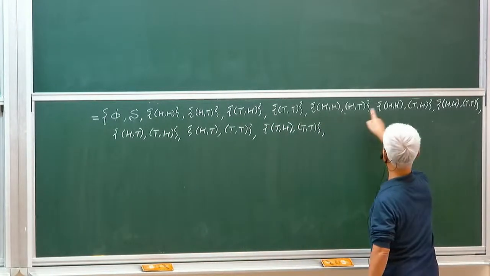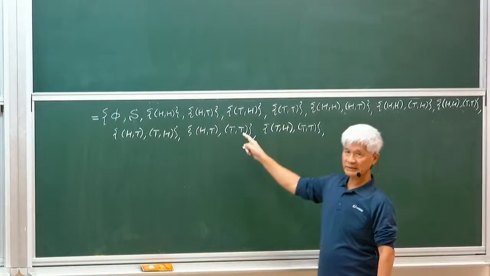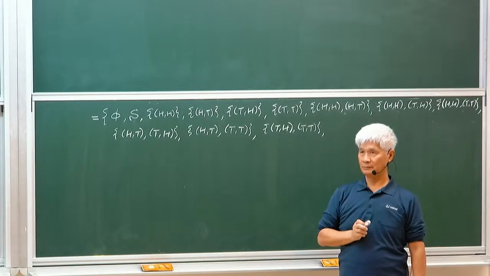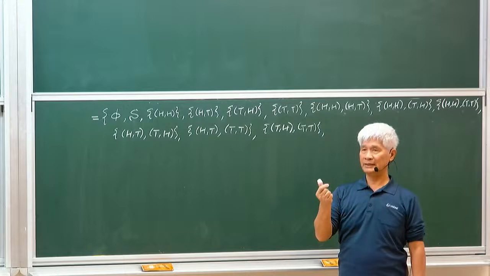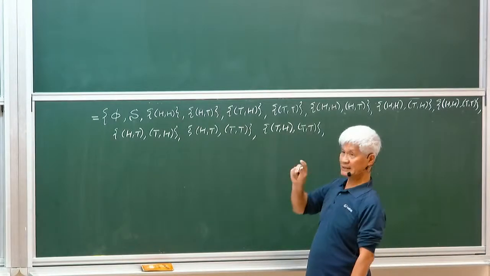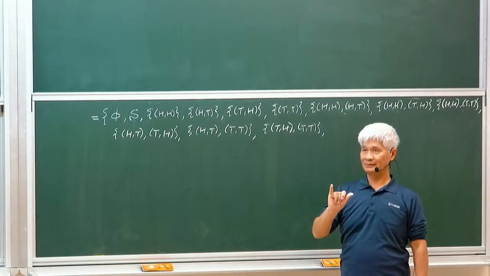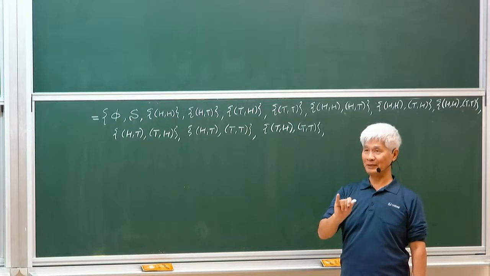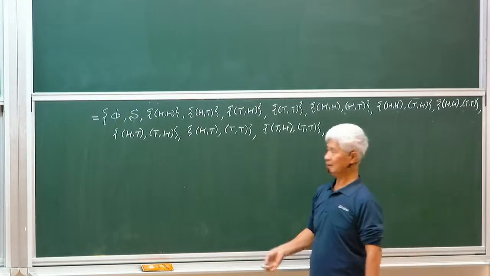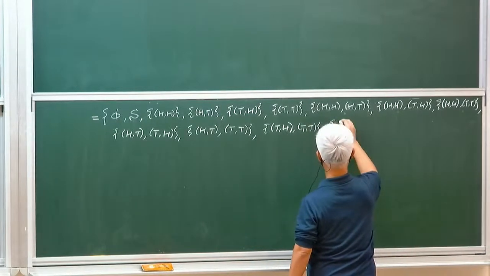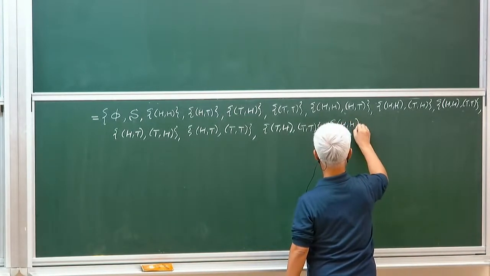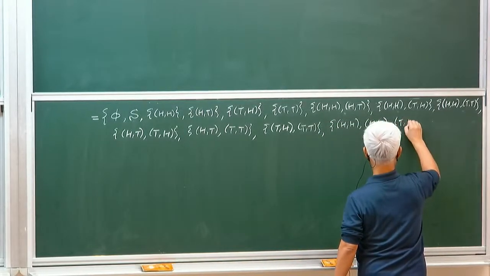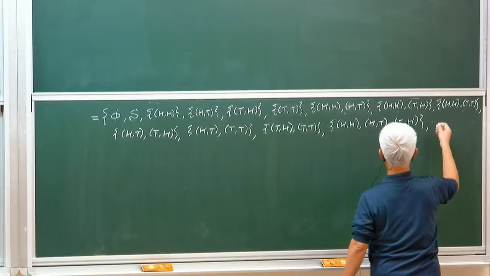Now we have 6 subsets consisting of 2 outcomes, because 4 select 2 is 6. I assume you have studied chapter 1 about combinatorics and permutations. And then subsets consisting of 3 outcomes.